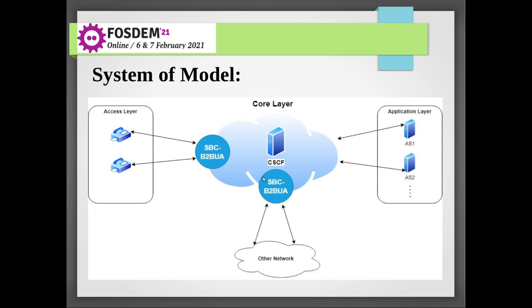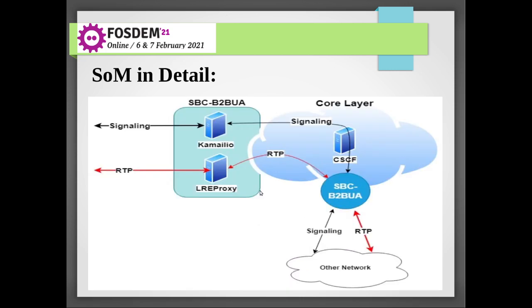These nodes, SBC back-to-back user agent, are ingress and egress nodes in your network. We want to talk about this node in more detail. For example, we use one Kamailio and one node for LREProxy for relaying RTP, and Kamailio for signaling in our system model.